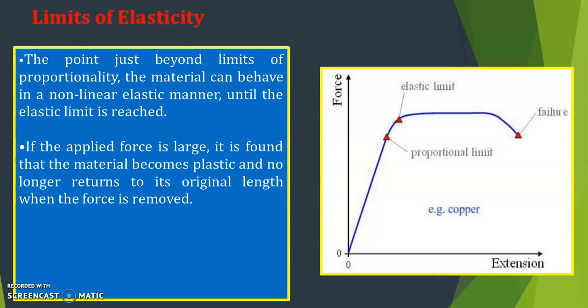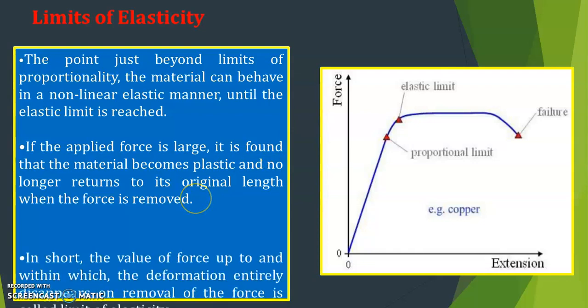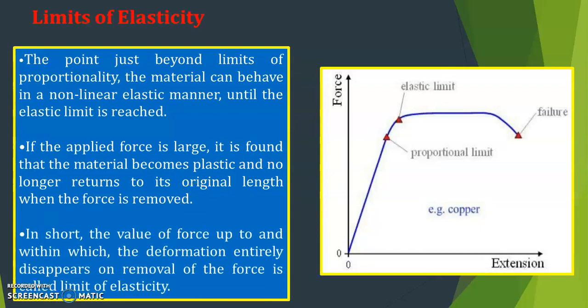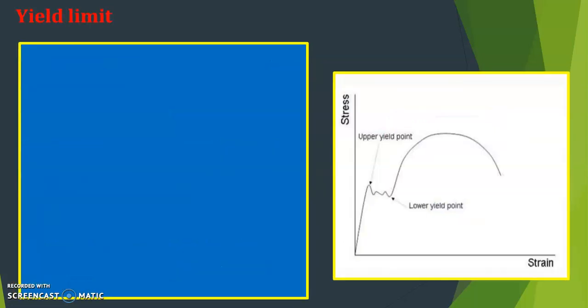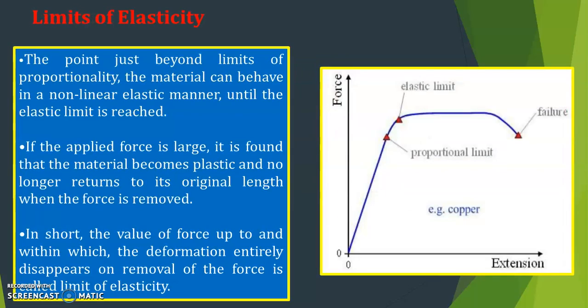So in short, the value of the force up to and within which the deformation entirely disappears on removal of the force is called the limit of elasticity. Till that point the material regains its original size and shape after the removal of the load. Once that limit is crossed, it doesn't take the original shape. It becomes plastic. Okay, this is about the limit of elasticity.